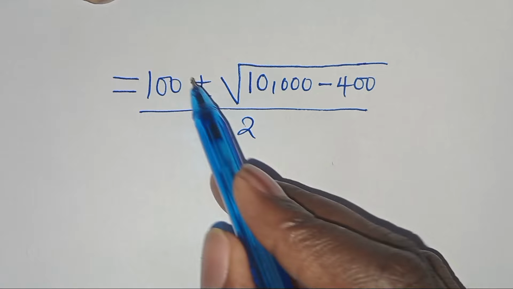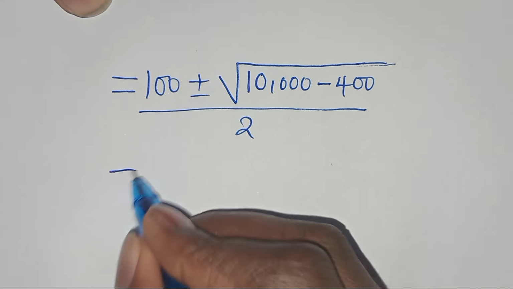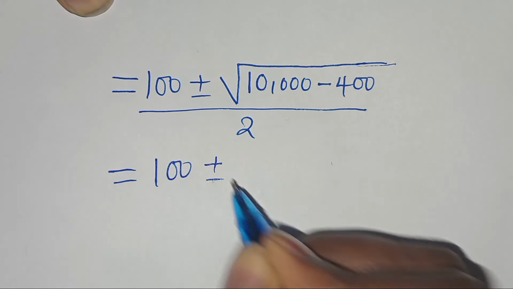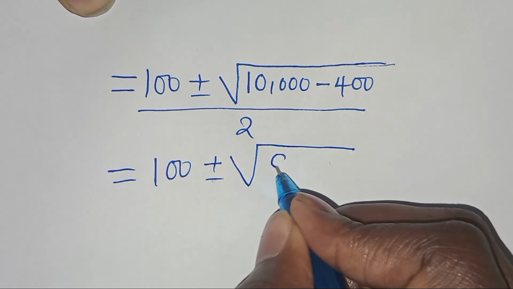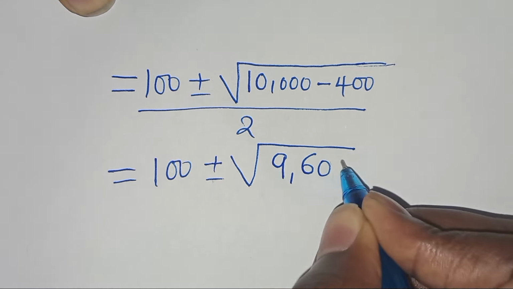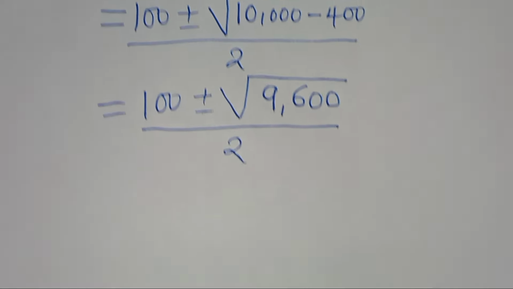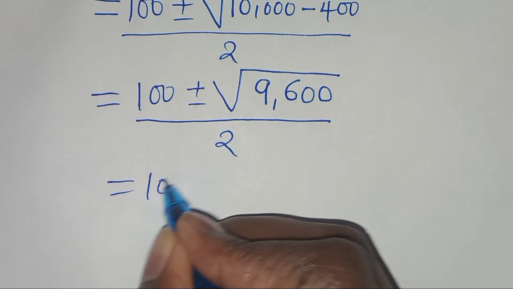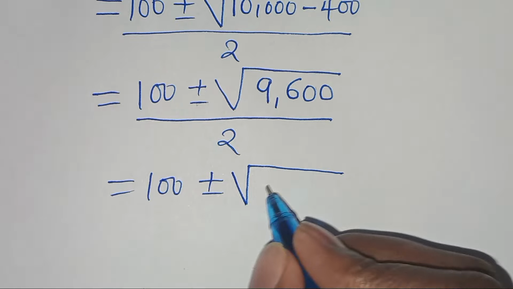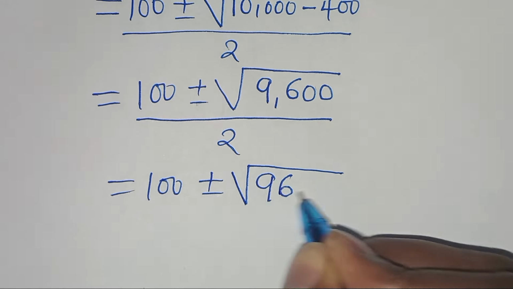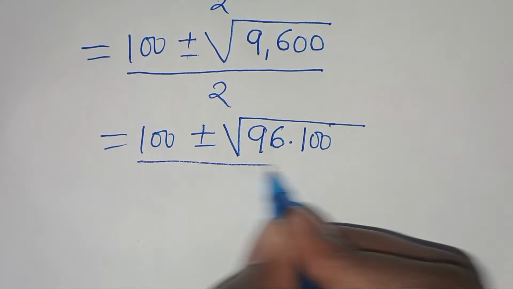So here we have 100 plus or minus the square root of 10,000 minus 400, this is 9,600, everything divided by 2. So here we have 100 plus or minus the square root of, we can express 9,600 as 96 times 100, everything divided by 2.